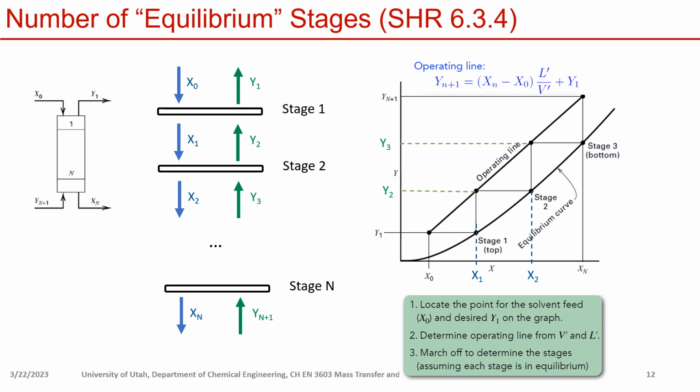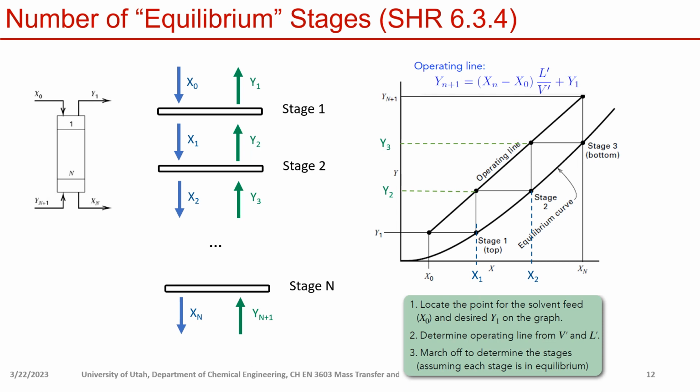Okay, so let's recap the whole process of doing this graphical method to figure out how many stages we need. First, you locate the point for the solvent feed x0 and desired y1 on the graph. That's this point. Then you determine the operation line from v prime to l prime. If you know l prime and v prime, you know the slope, then you know x0 and y1, so you can draw this line.